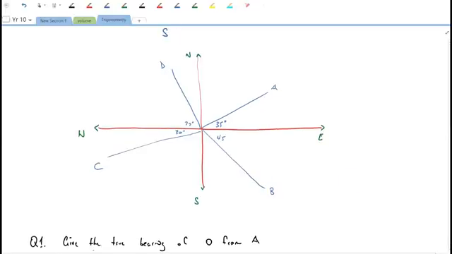Now the important thing here, and we're going to keep going back to this, is that wherever you're taking the bearing from, in this case A, that's where we want to make the center of a north, south, east, west grid. Wherever we're taking our bearings from, we need that right at the center.